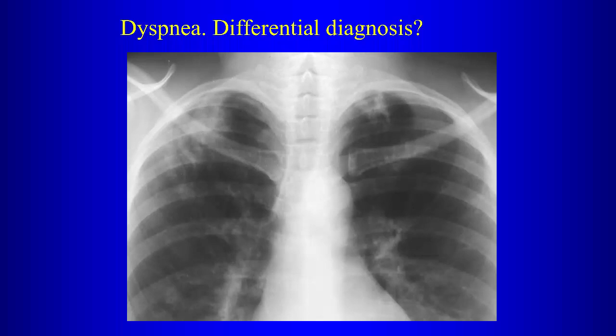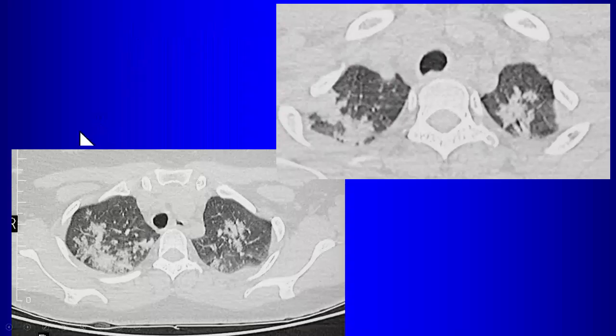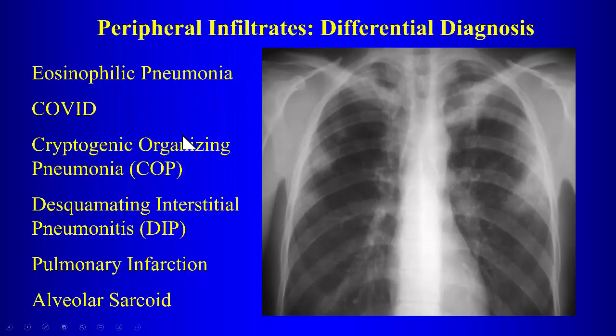These are more alveolar. Sarcoid, right? Sarcoid's also in your differential, can look like TB at times, but sarcoid can also give you airspace disease, especially in an upper lung distribution. So your differential for peripheral consolidations: eosinophilic pneumonia, COVID, COP, DIP, infarcts, alveolar sarcoid, all of those can give you peripheral consolidation.